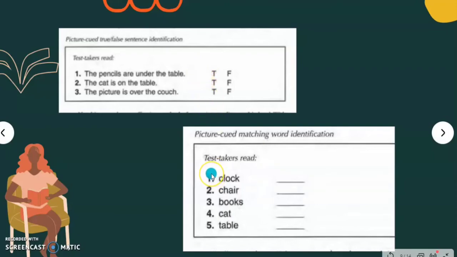Still with the same picture, we can use the matching method, with objects labeled A, B, C, D, or E in the picture, and then the test takers read the word and write the appropriate letter beside the word. For example, when in the picture you see the clock labeled D, they will write D there.